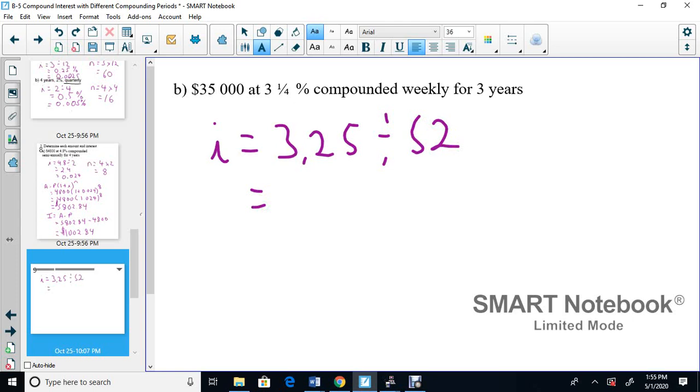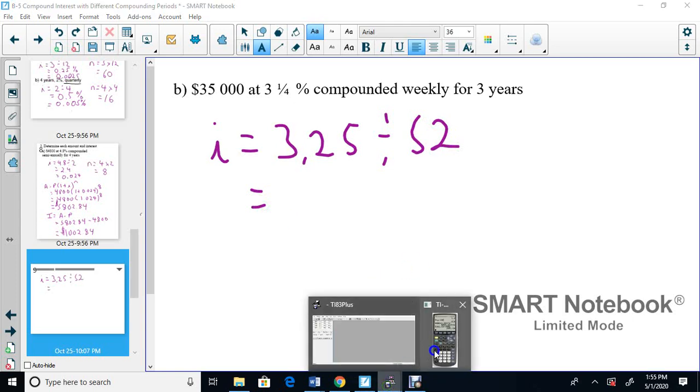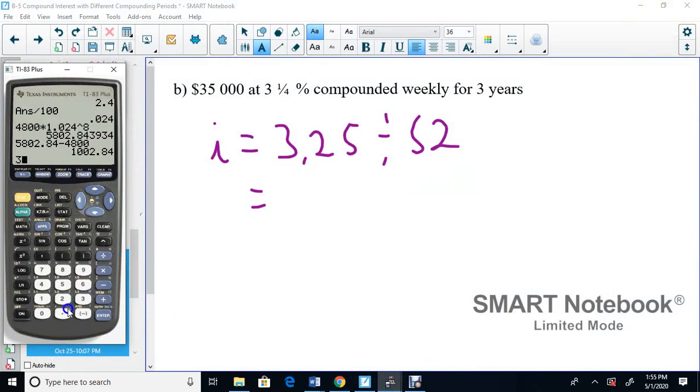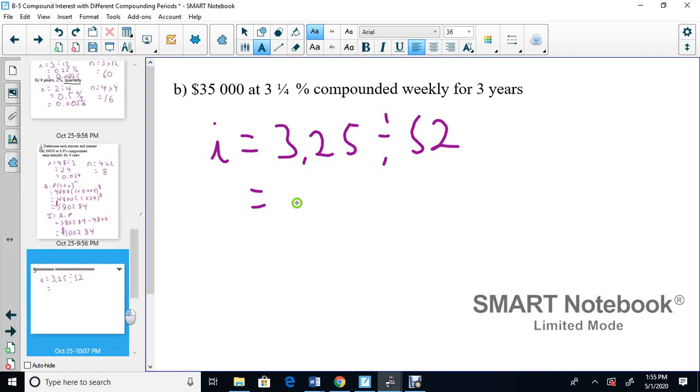So I go to our calculator here. 3.25 divided by 52. That's 0.0625%. So we still have to divide that by 100.